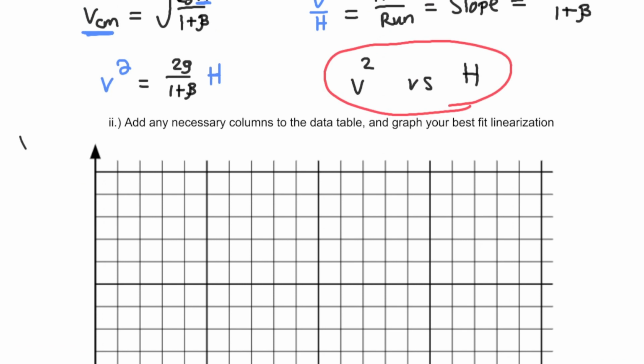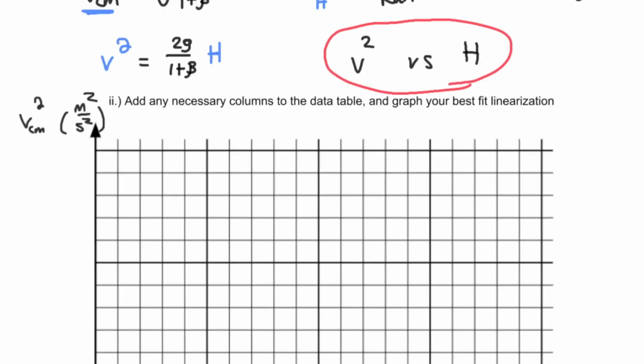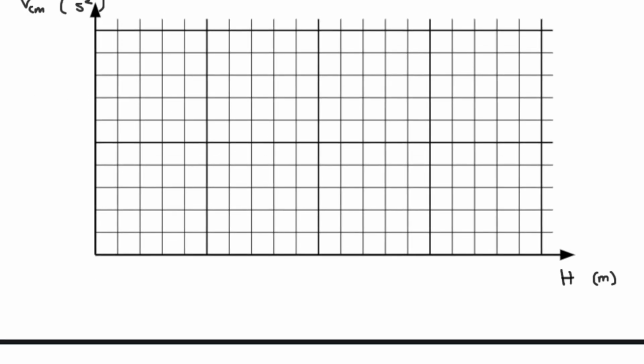Well, we do know that this is v center of mass squared, in units of meters squared per second squared. And then over here we have our h, which is just in meters. So we want to use at least about half the grid here. So I notice I can actually split this up every 4, and I can do my heights. So I can do 1, 2, 3, 4. I can make this 0, 0.1.